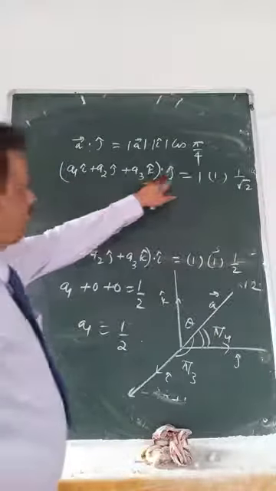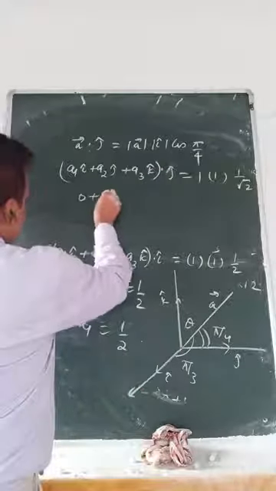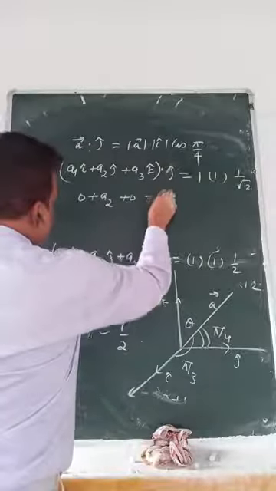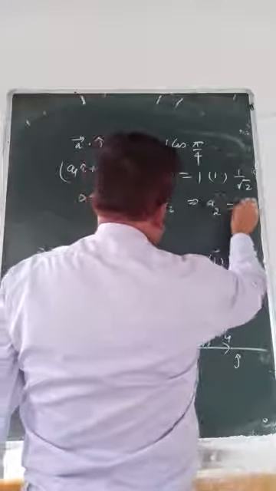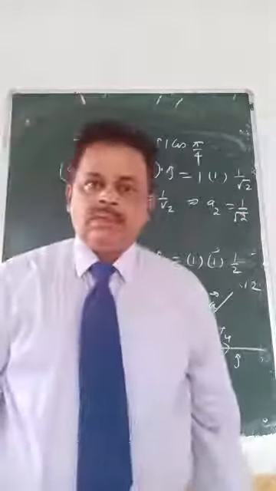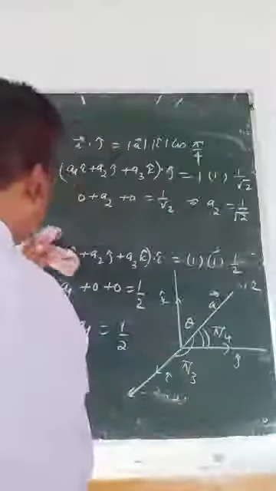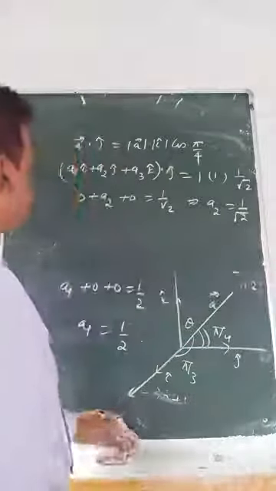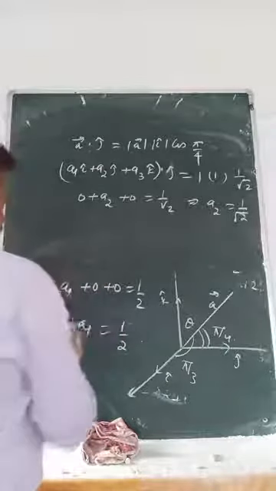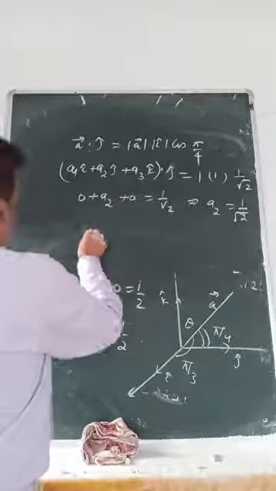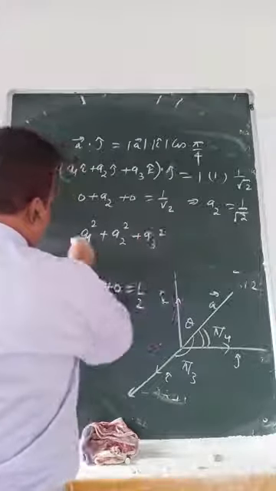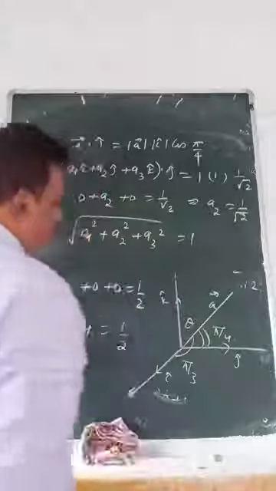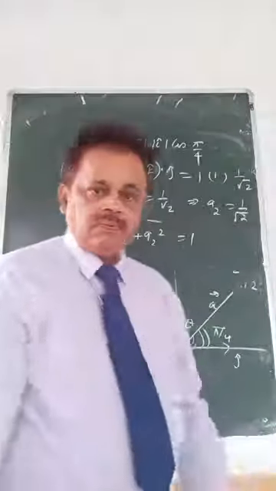This will be J dot I 0, A2 plus 0 equals 1 by root 2, implies A2 equals 1 by root 2. Got it? Next, what is given? You are given square root of A1 square plus A2 square plus A3 square equals 1. This is what you have got.